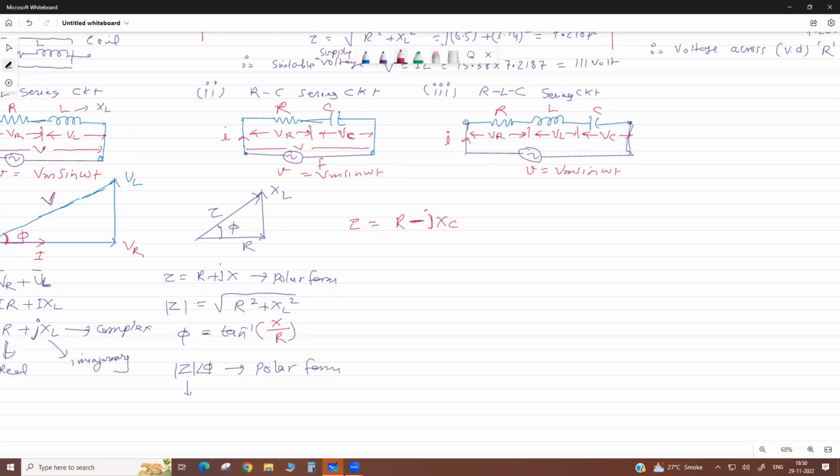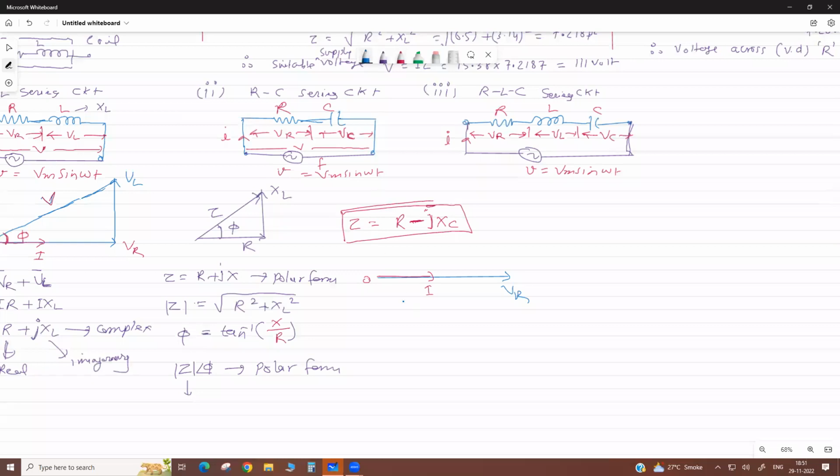Next. So this is your capacitive impedance in this circuit. Suppose this is your voltage drop in R, VR, due to your current I, which we take as reference, 0.